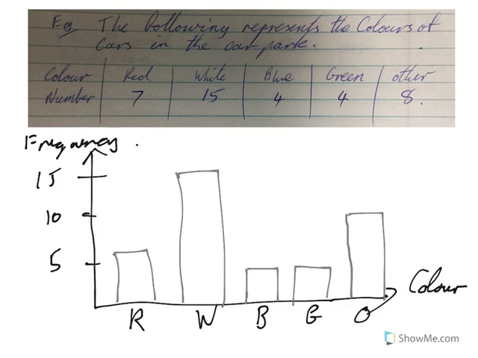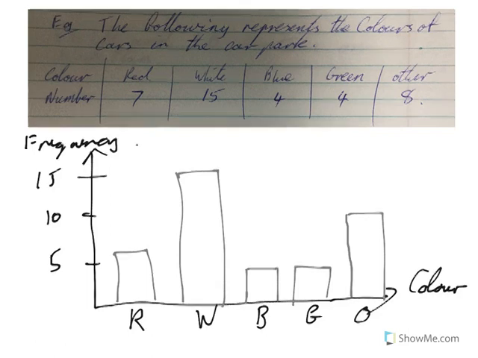So there's our bar chart. You'll notice I've drawn it with the gap. Ideally the gaps between each one should be the same and the width should be the same. Pretty rough and ready what I've done just by hand. So that's a bar chart.